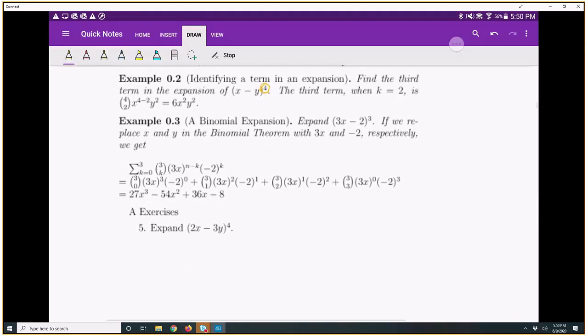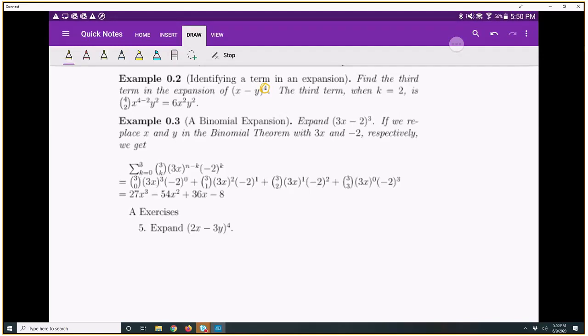Or, rather than just finding a single term in an expansion, we can find an entire expansion, and usually more quickly than doing the distribution by hand. So if we wanted to expand (3x - 2) to the power 3, in the theorem we can replace x by 3x and y by negative 2.